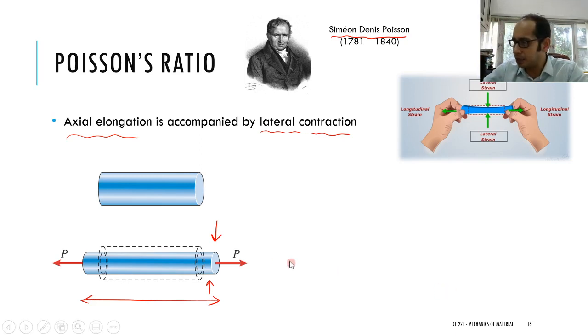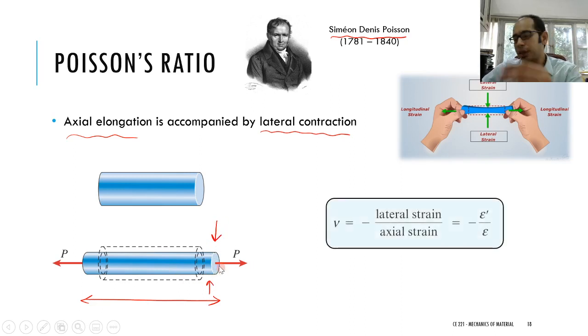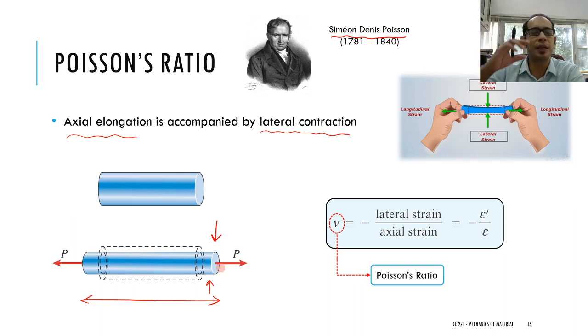Remember that this is my longitudinal direction, along which I will have the axial strain, and this is the lateral direction, the lateral strain, right? So Poisson gave this relationship, that your Poisson's ratio, represented by the Greek letter nu, is a ratio between the lateral strain to the axial strain. Along this direction you have the lateral strain, measured by epsilon prime, and along this direction the axial strain is measured by epsilon, right?